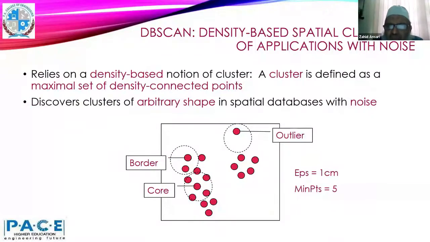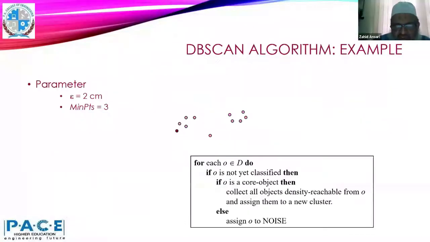So DBSCAN is one kind of density based clustering. Basically, we want to cluster based on the density regions, so we may get clusters which are non-spherical also. K-means and k-medoid clustering result in clusters which are spherical in shape, and here you can get different kinds of clusters also.